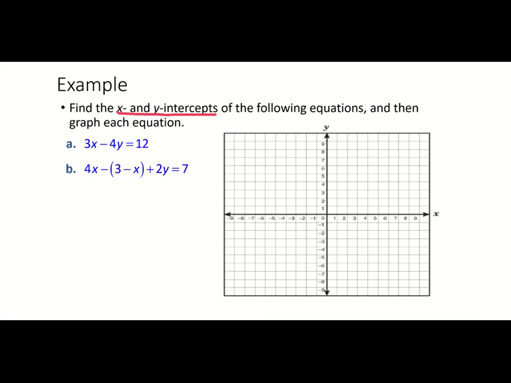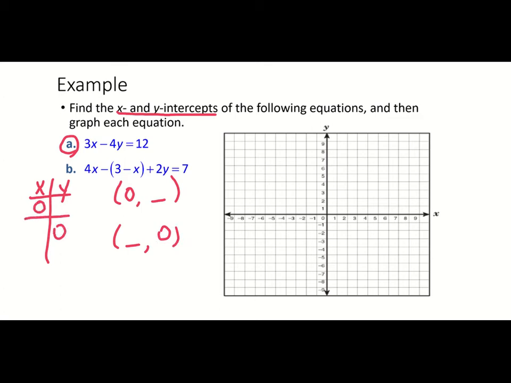So we're going to start with A and graph that. And because I'm going to do my X and Y intercepts, I'm going to make a T-chart. So I'm going to have my X and my Y. So remember, for your Y intercept, the ordered pair is 0 with a number. And your X-intercept would be a number for X and a 0 for Y.